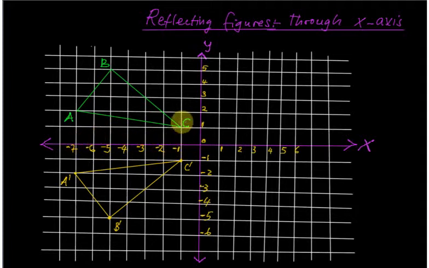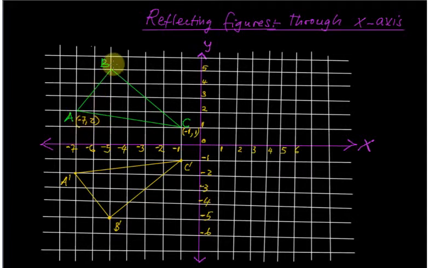Now this point C here is at negative 1, 1. So x is negative 1 and y is 1. This point A is at negative 7, comma 2.